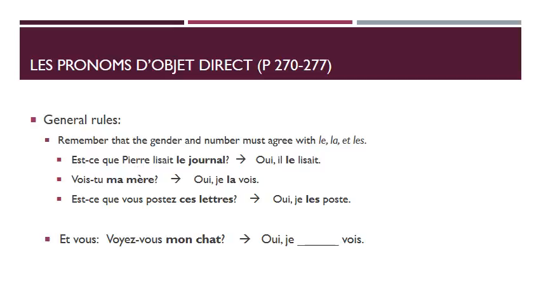Now, le journal, remember, if we make this into a pronoun, the first thing that we need to do is, of course, decide is it feminine or masculine. Now, the nice thing is it's super easy to figure out because we have le sitting right here, which tells us that it is, of course, masculine. Cool thing about that, since that's already there, we know the pronoun is going to be le, which means we just pop le in right here.